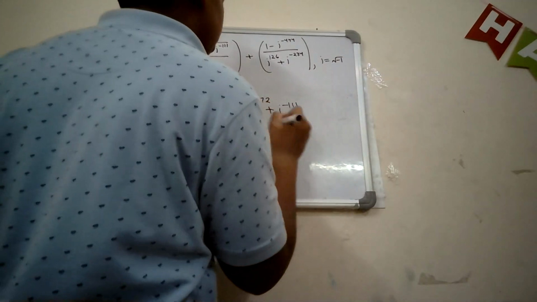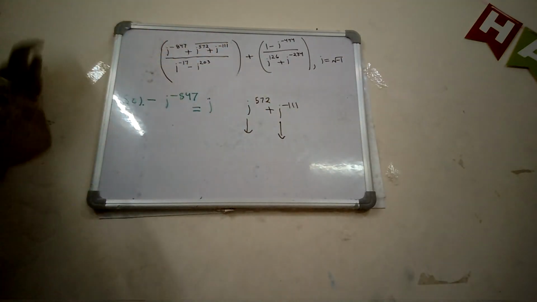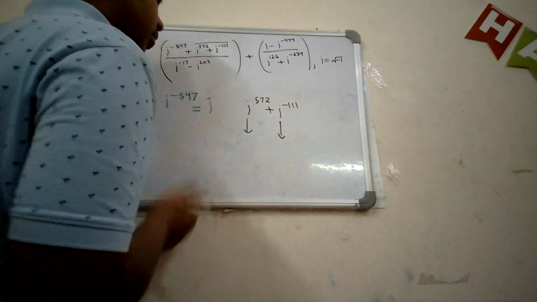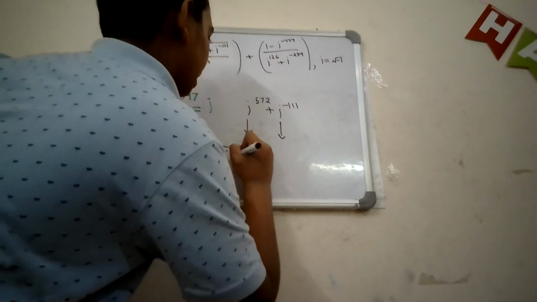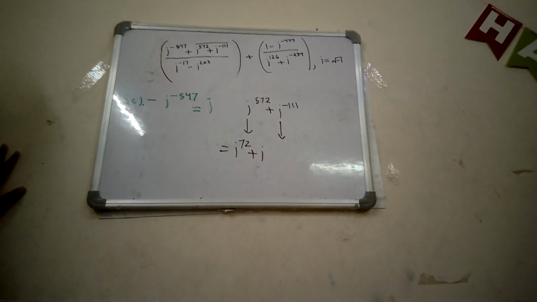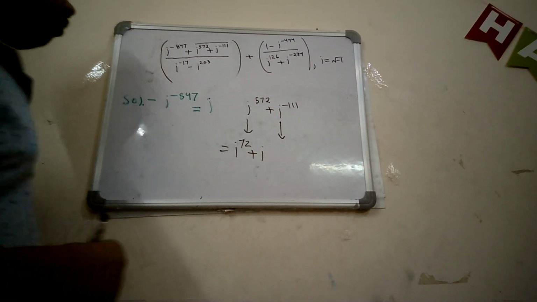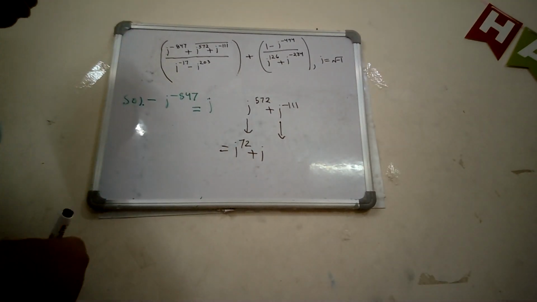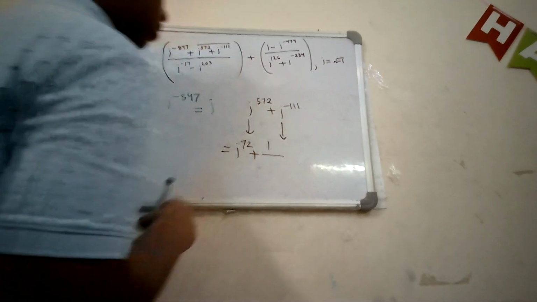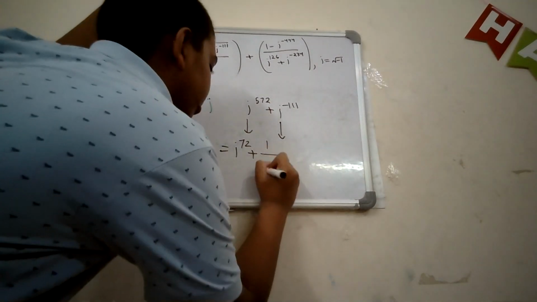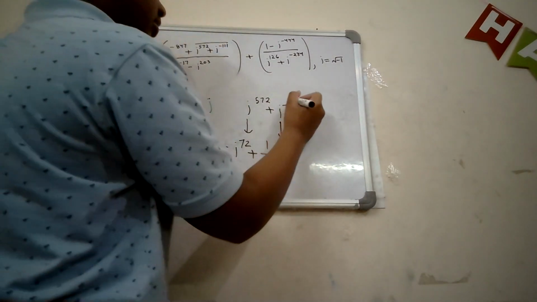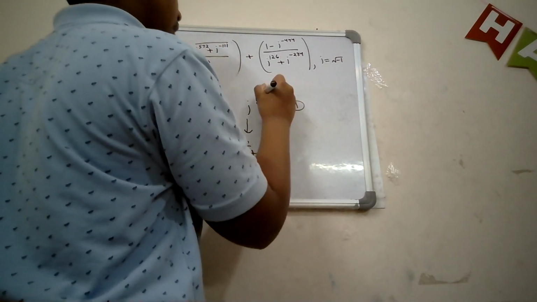So, let's quickly use the powers of I. Divide this by 4. And using our trick, we can get rid of this. So, we can just break this down as I to the 72 plus 1 upon I to the 11th power, because we can just take these two powers we have.